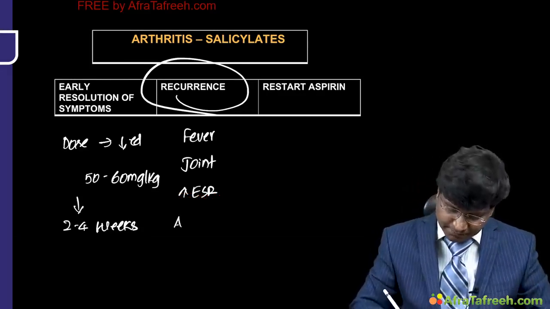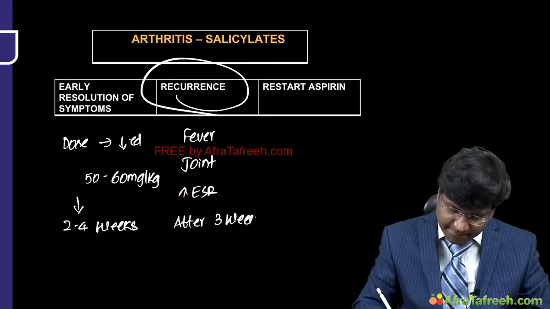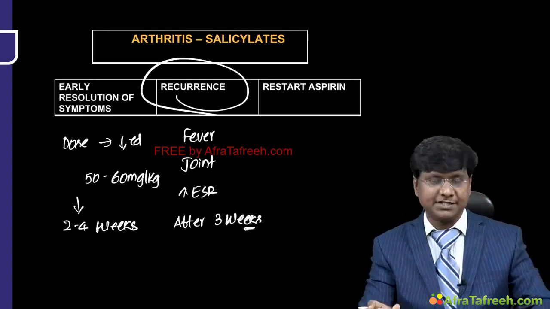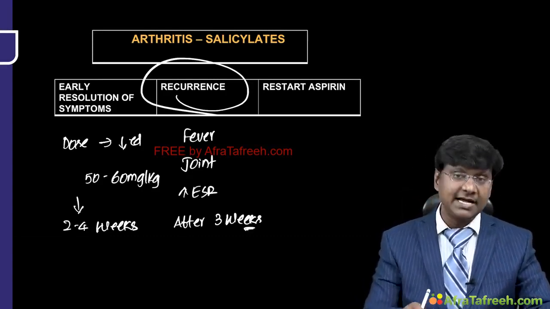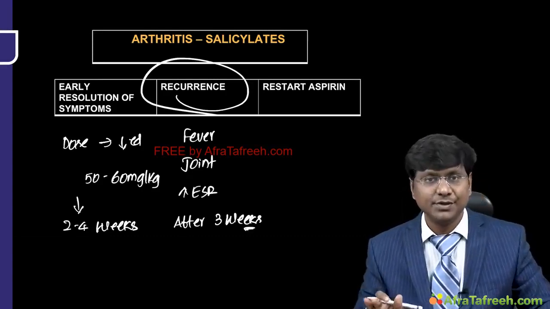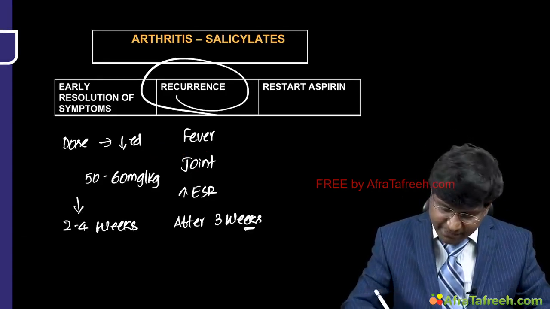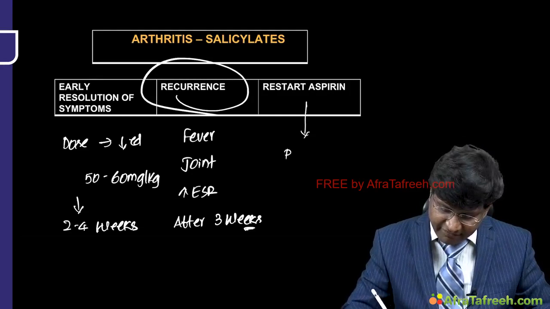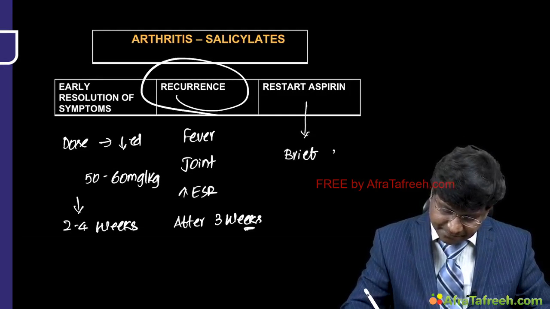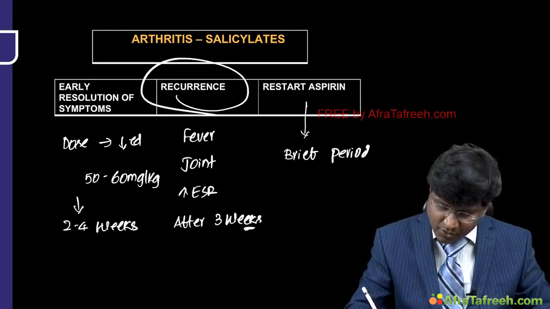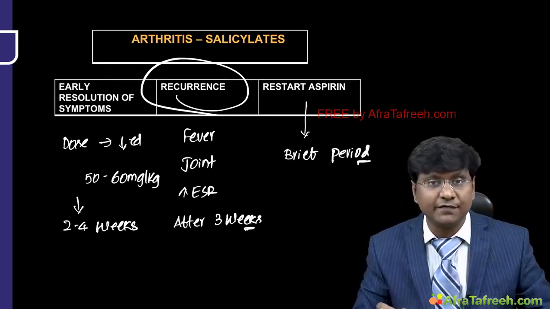So after stopping aspirin, there is a chance of recurrence of these symptoms. Then what you have to do? You have to give the aspirin again for a brief period of time. Okay, so that is about your story of aspirin.